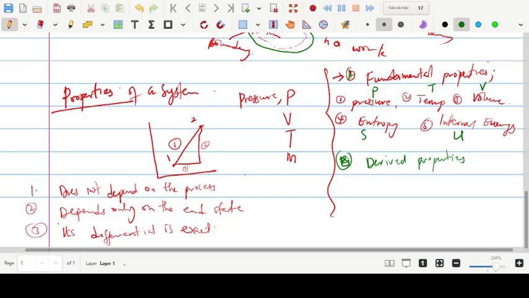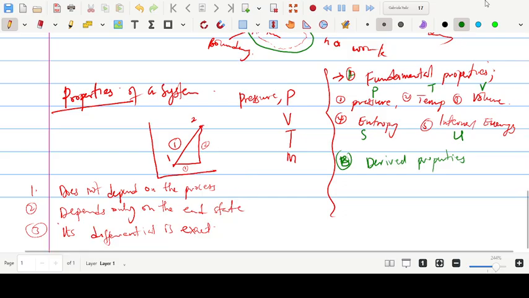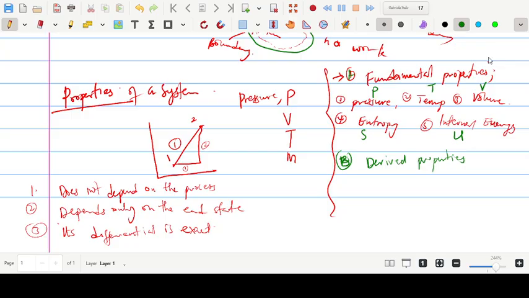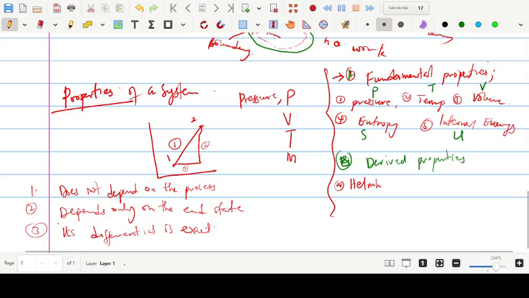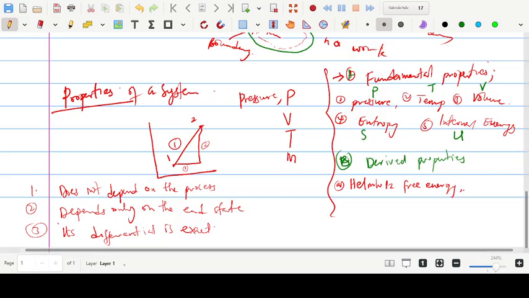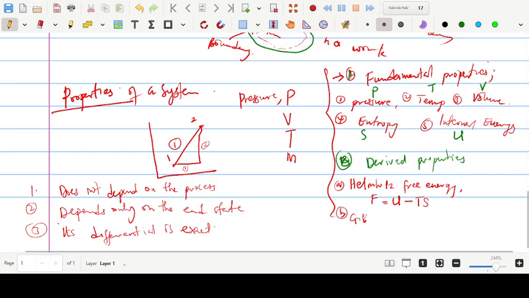Among them, we have Helmholtz free energy, which we denote with capital letter F, and the formula is F equals internal energy minus temperature multiplied by entropy. So this is Helmholtz energy. Now the next one is Gibbs free energy.